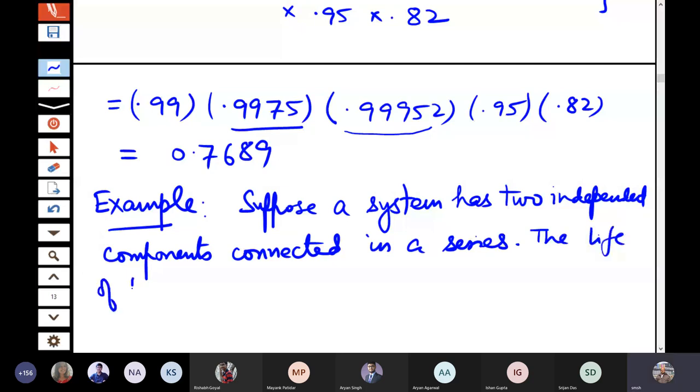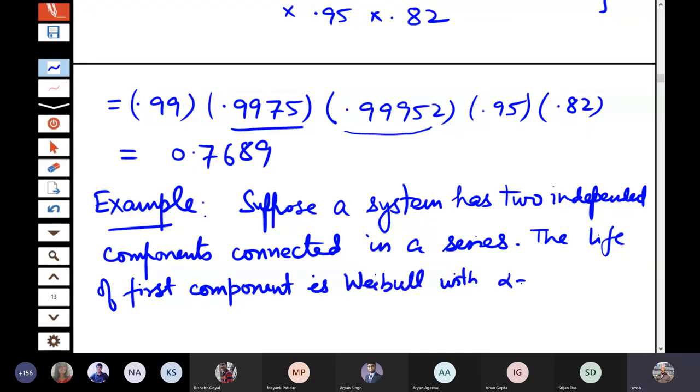The life of the first component is a Weibull variable with alpha equal to say 0.006 and beta equal to 0.5.